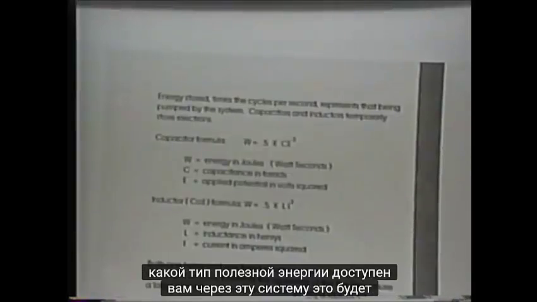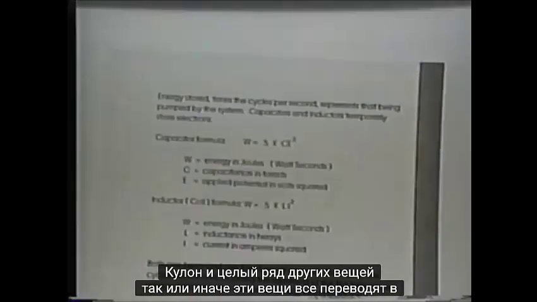Okay, getting into the formula for finding what type of useful energy is available to you through this system. This will give you a little bit of an idea. And Joule was an English brewmaster who had all kinds of machinery that ran on steam and some electrical and this and that, and he had to come up with a system which would make translating one system of energy to another more universal.